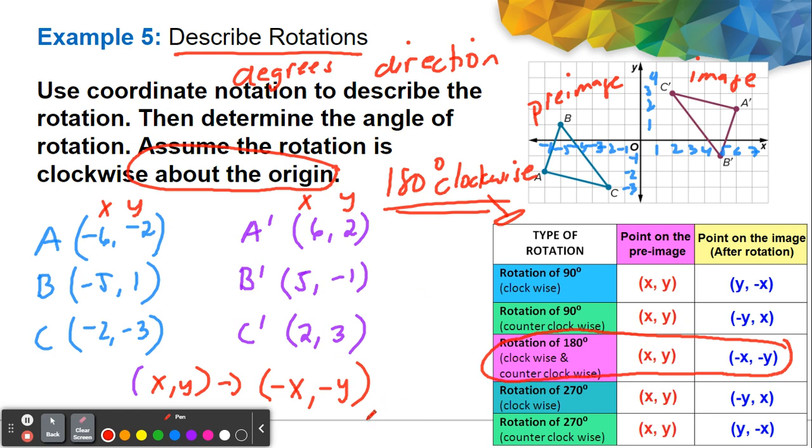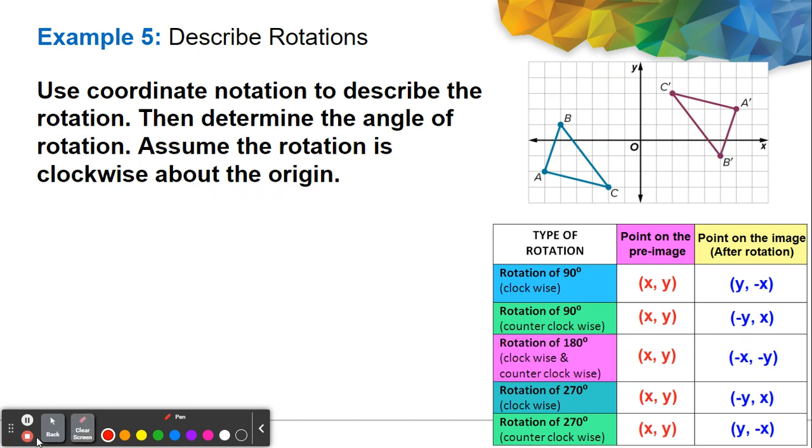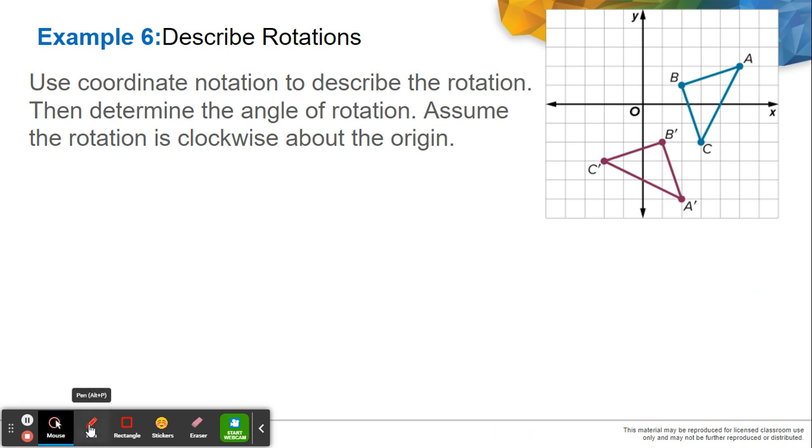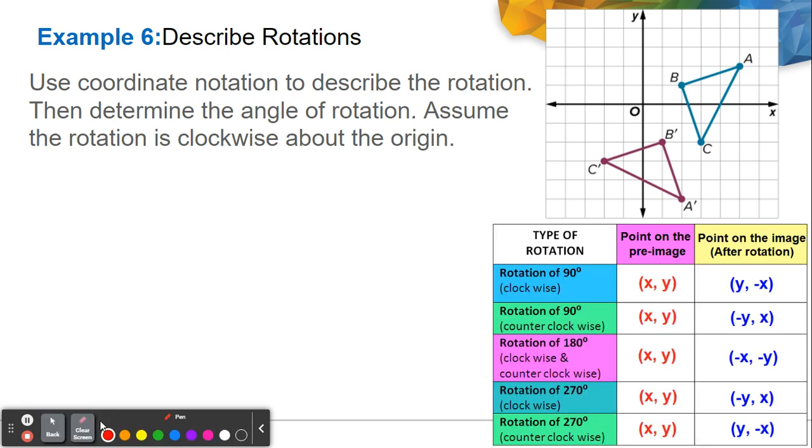We are down to our last example. I hope that you are learning more about rotation. For our last example, it's the same thing as example number 5. We are asked to describe our rotation given this image and pre-image. First, just like what we did a while ago, we list down the ordered pairs for our pre-image.